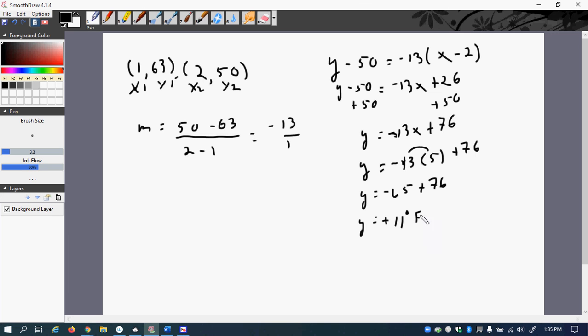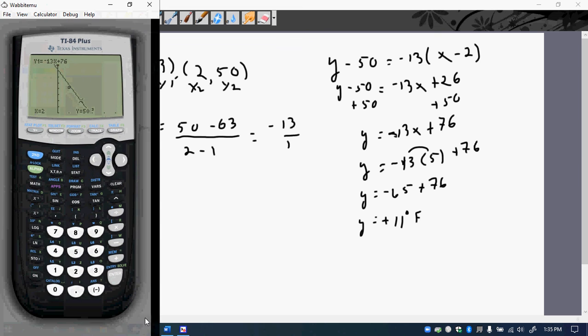Okay, so now let's go back to the book or my calculator and see what I got when I put 5 in. So I'll go to second calc, I'll hit enter and put in 5, and I get about 11. It's exactly what I came up with.